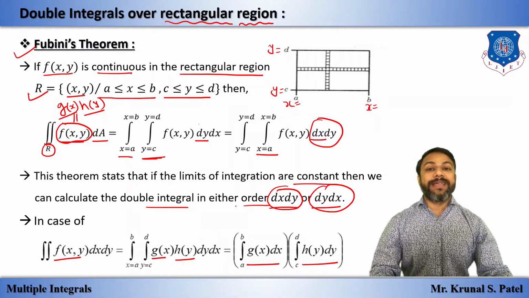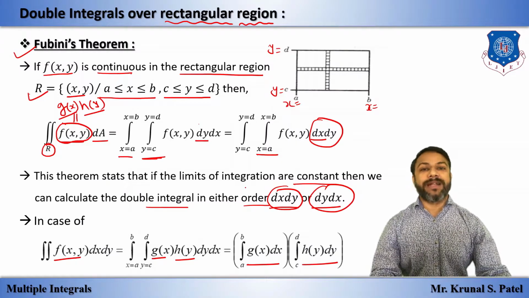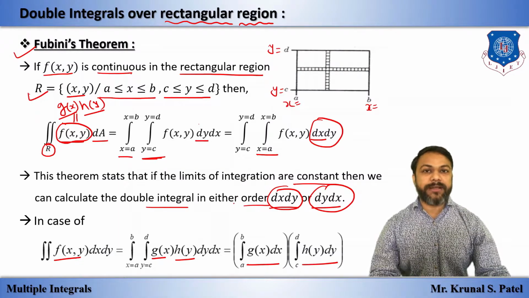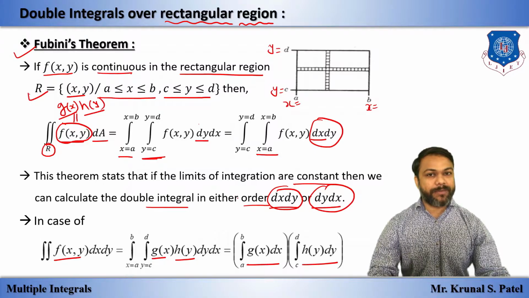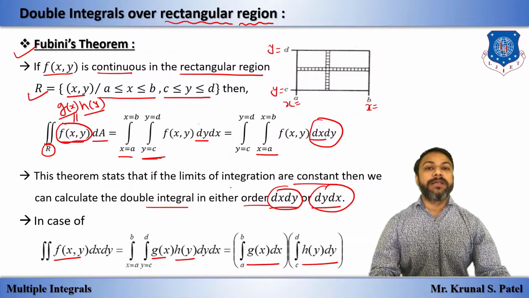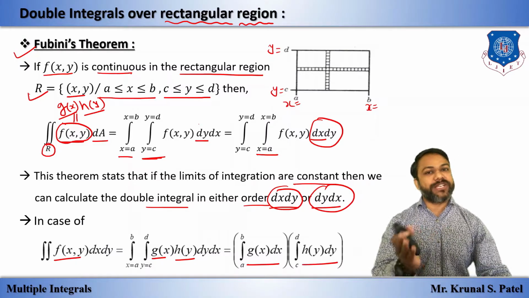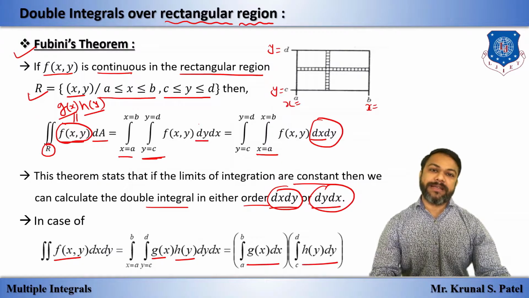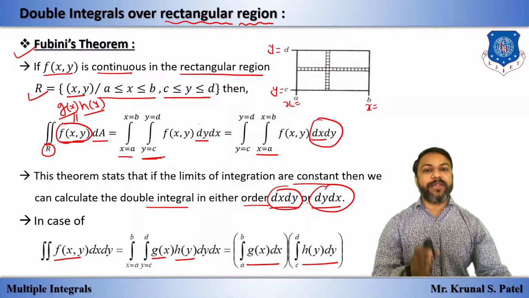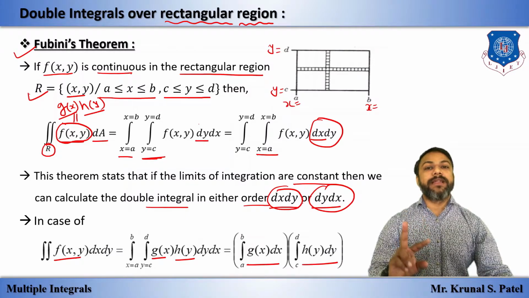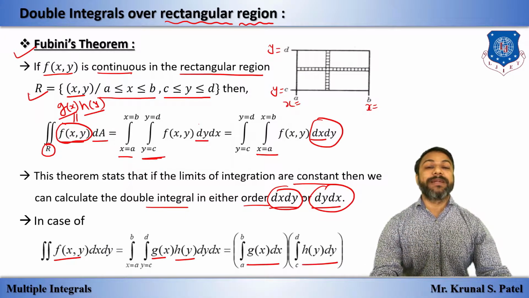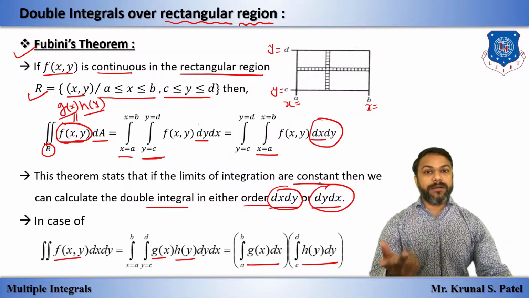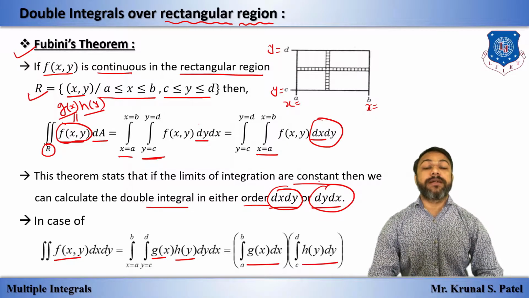So we have this concept for constant limits. Whenever an example is given and the limits are constant, that means only numbers, no variables, then you can go with the given flow, or you can change the integration order, dx dy or dy dx, and change the limits accordingly, because the limits are constant. With variable limits you cannot change the order directly.